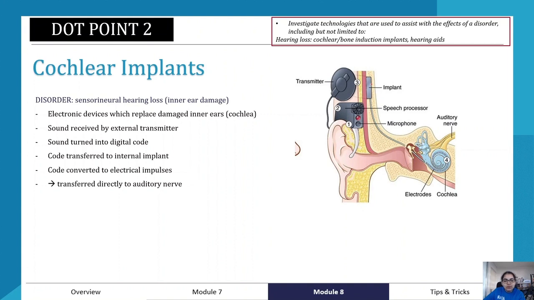The code is converted into electrical impulses, and then the impulses go straight through via the auditory nerve to the brain. It's bypassing the cochlea. It's going straight from the implant to the auditory nerve. That is what is happening.